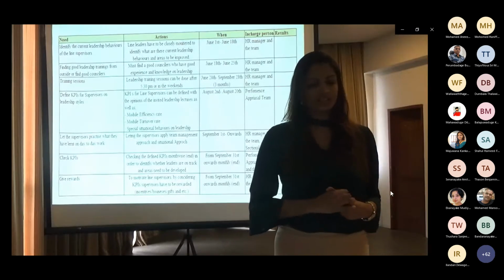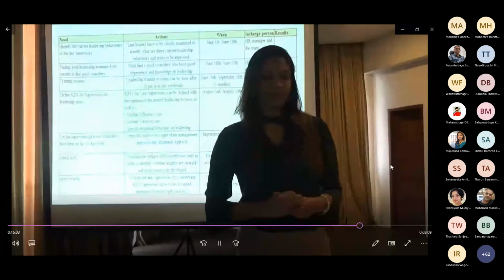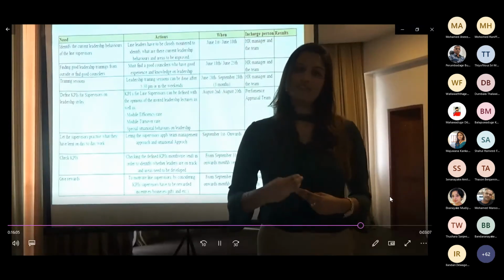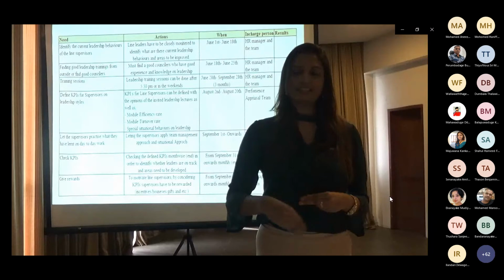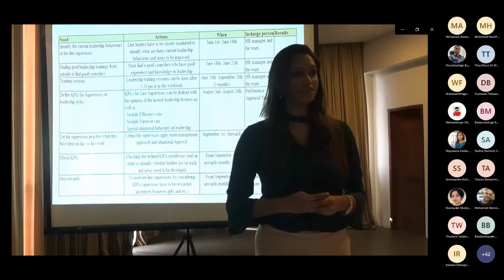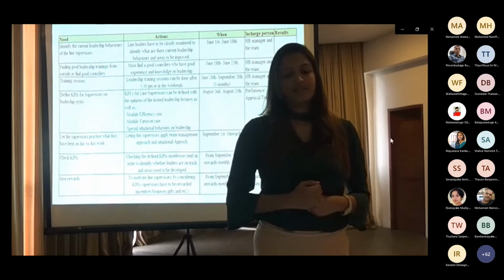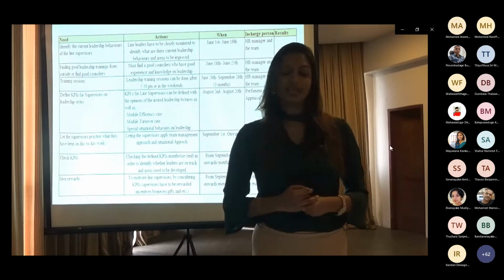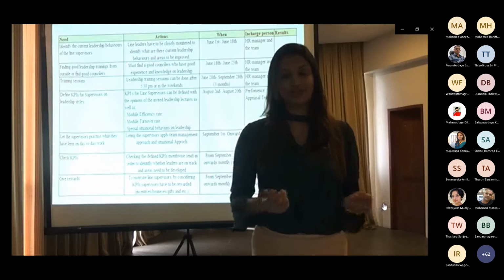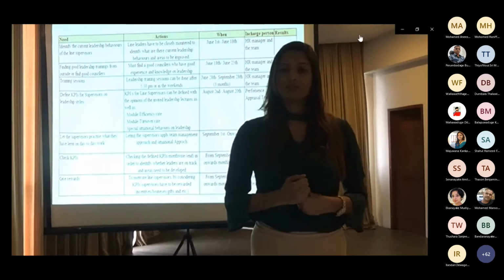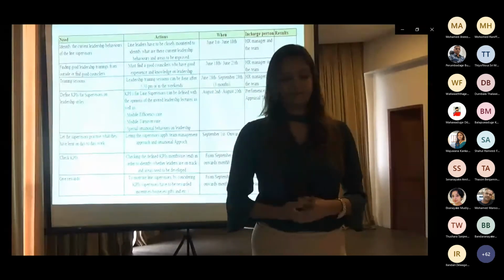Then the third task is training sessions. The action can be executed after 5:30, which means after the work is done, or even on weekends. The time frame is June 28th to September 28th, which is 3 months, and the responsible persons are the HR manager and the team.